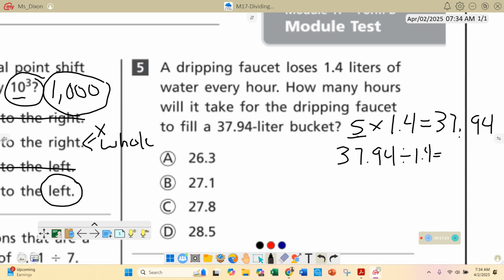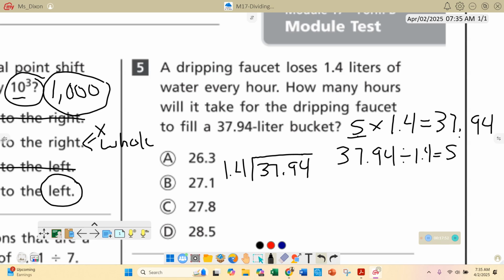And our answer is going to be our variable, the unknown factor. Now that we have our division problem, let's go ahead and set it up. So that would be 1 4/10 on the outside and 37 94/100 on the inside.